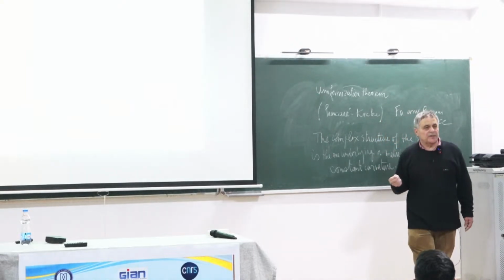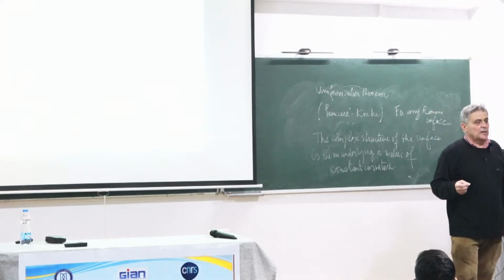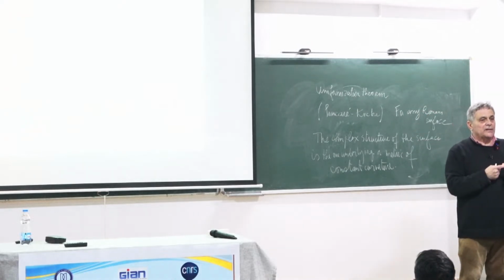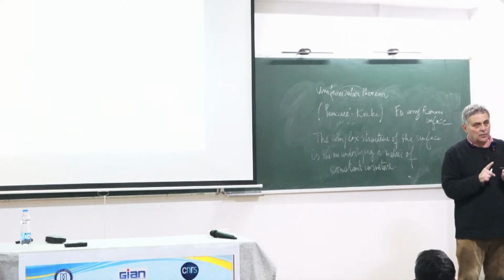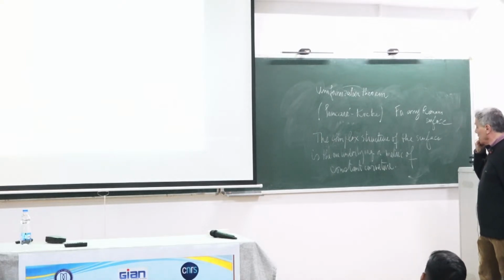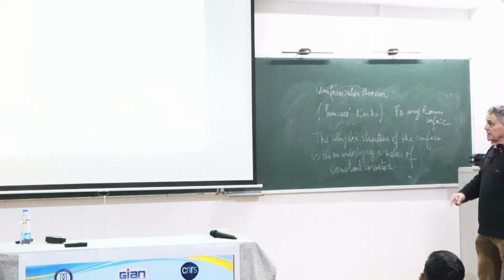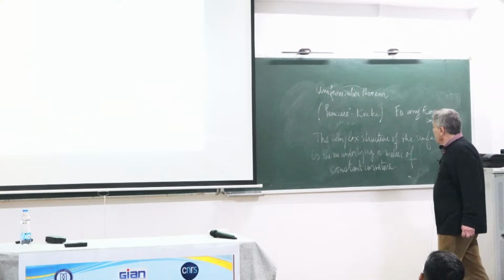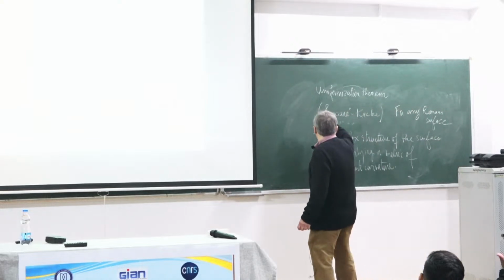And what do I mean by a metric of constant curvature? Now you know. Either a Euclidean metric or a spherical or hyperbolic. Spherical, Euclidean, or hyperbolic. This is the most general form of generalization of the Riemann mapping theorem. This is the uniformization.